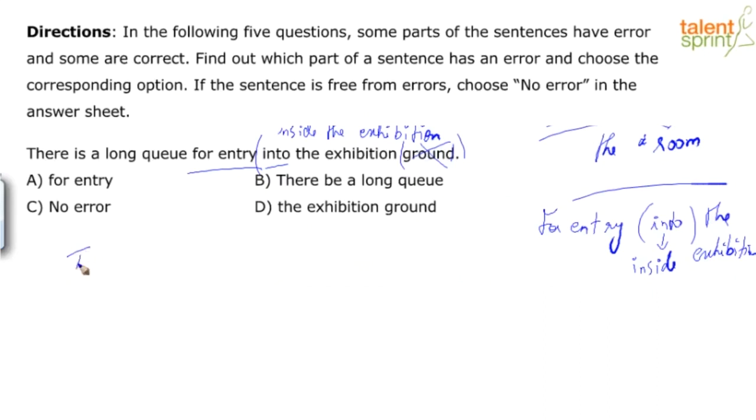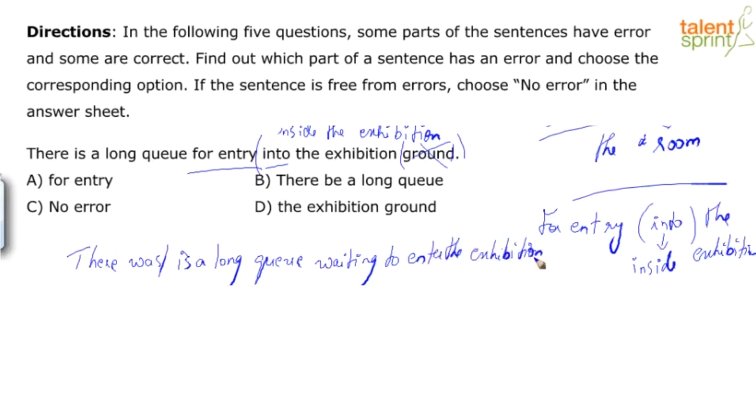So I would rephrase the sentence saying there was or is a long queue waiting to enter the exhibition, or I would say there is a long queue for entry inside the exhibition, because it's understood the exhibition is a place. So when in doubt, right, because I think it's a typo error, for confusing questions like this, I would just go ahead and skip the question. I wouldn't want to take a chance.